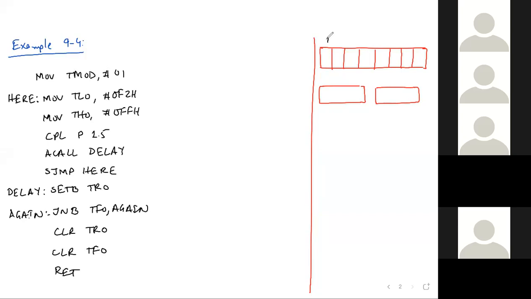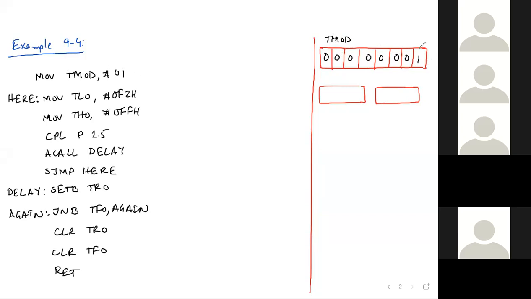So if this is your TMOD register, 8-bit, tell me what are the values in this TMOD register, starting from the MSB. 0, 0, 0, 0, 0, 0, 0, and 1 will be at the end. So this is the value that we load with the first line.